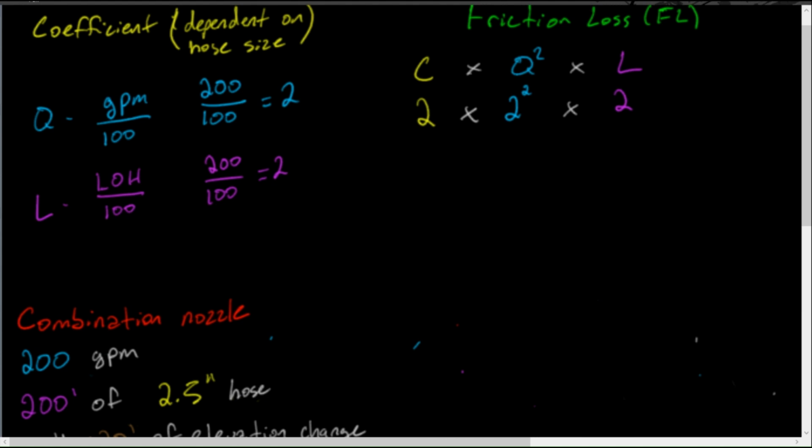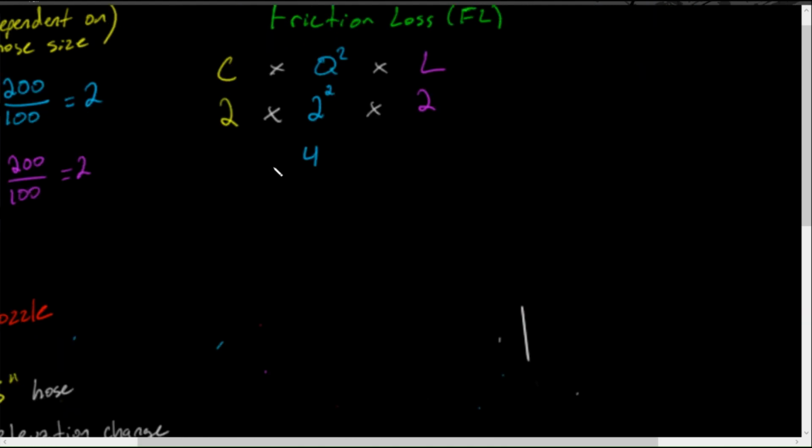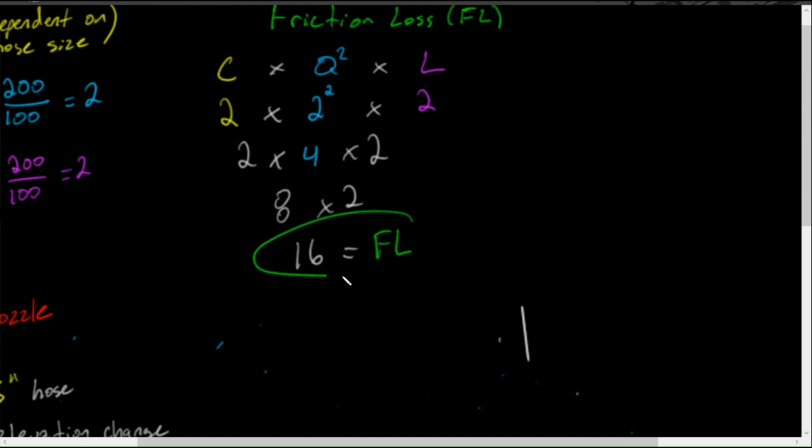Now we'll take that 2 squared, that becomes 4, and bring the rest down. 2 times 4 times 2. 2 times 4 is 8, times 2 is 16. So our friction loss is 16 in this example.